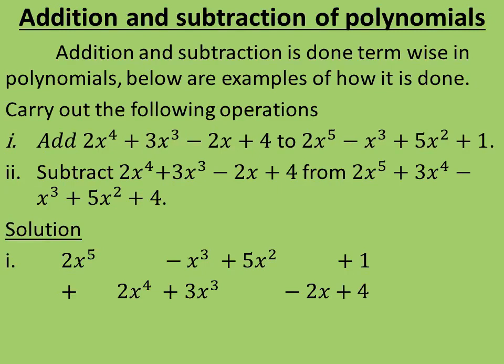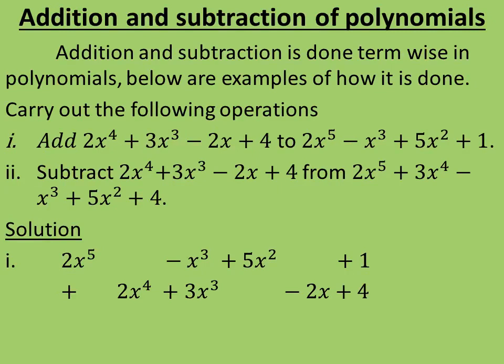In this polynomial, there is no power of 4. That is, there is no x raised to power 4, and at the same time, there is no variable that has only one power, that is x. There is no variable in x there.